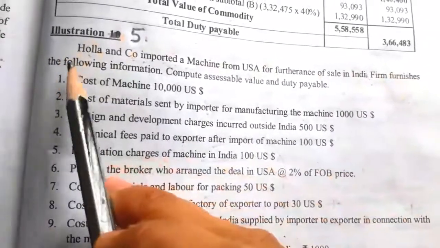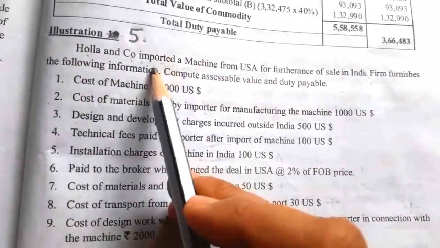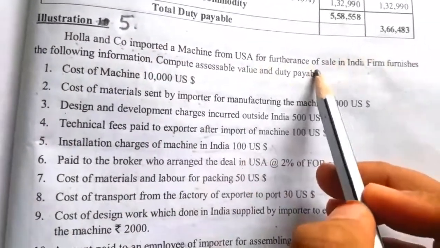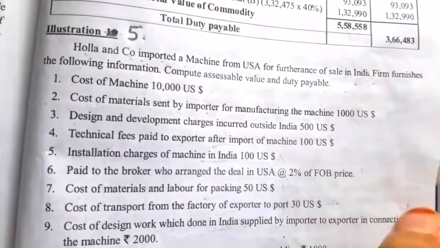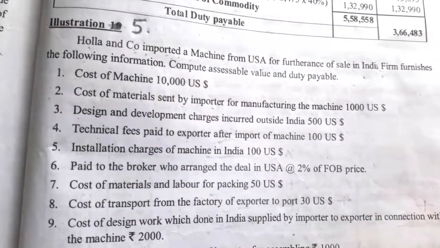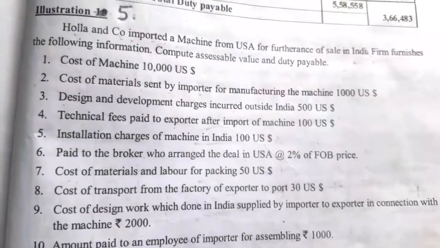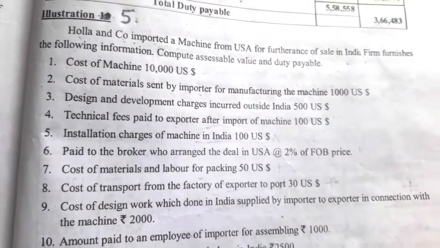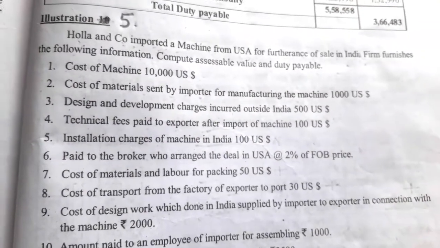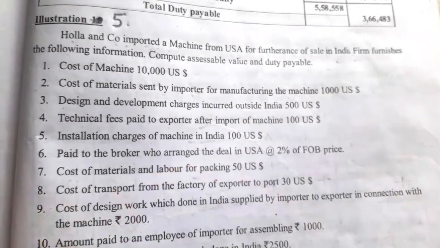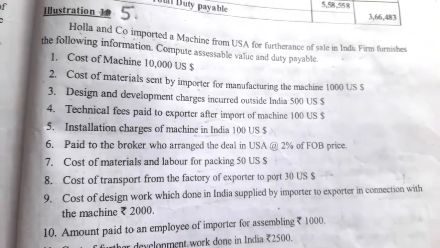So that is an Indian company imported a machine from USA for sale in India. The import may be for consumption or for sale, that doesn't matter. The importer has to pay a tax on their import. So we have to compute here the assessable value as well as the custom duty payable.